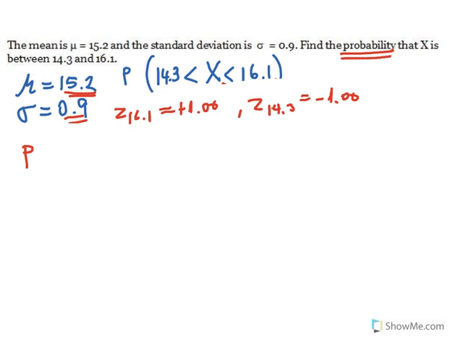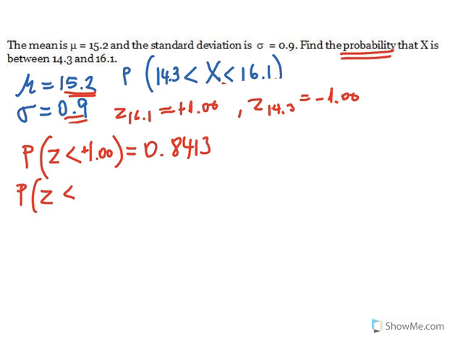So the probability that's associated with the area to the left of z smaller than plus 1.00 is going to be 0.8413. And the probability for z associated with the area to the left of minus 1.00 will be 0.1587. Okay, so let's now subtract the smaller from the larger.